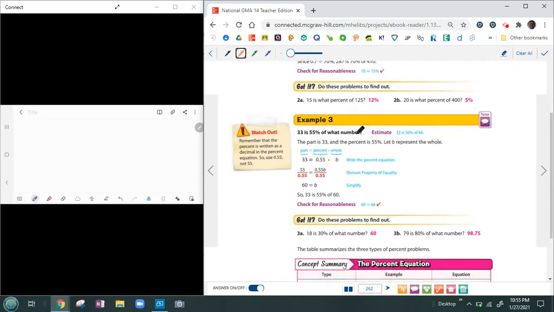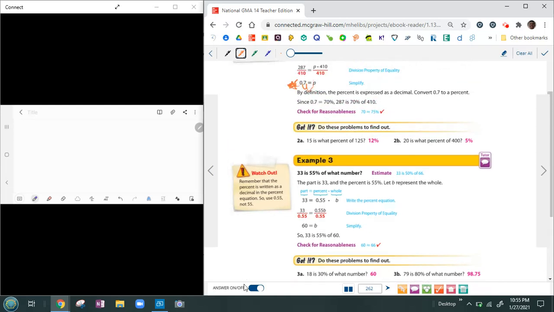We have our examples here, and I left the answers on. So you would have had 15 equals what percent of 125? So P for percent. That's the setup for that one.